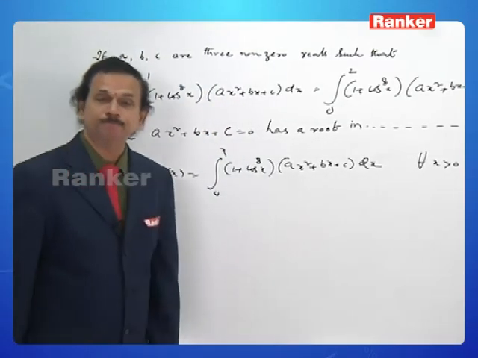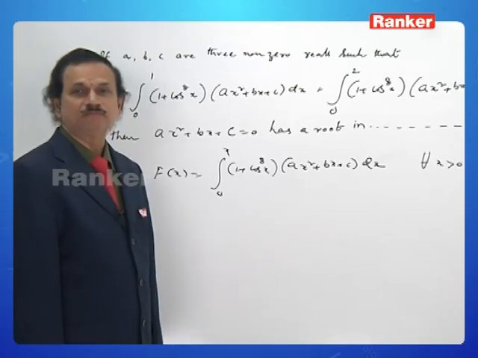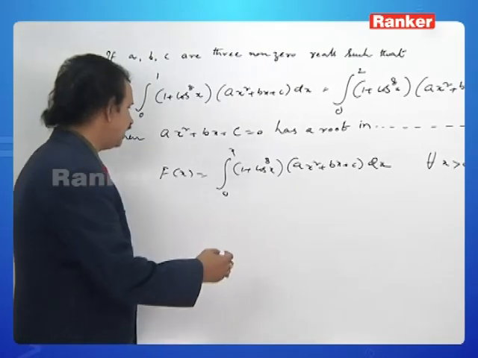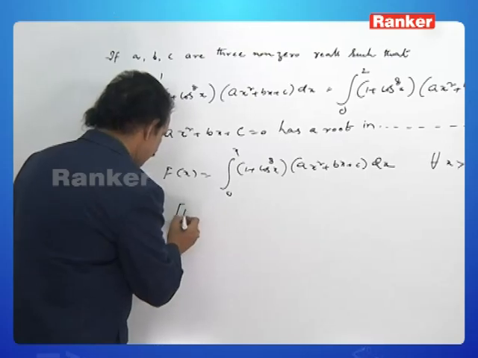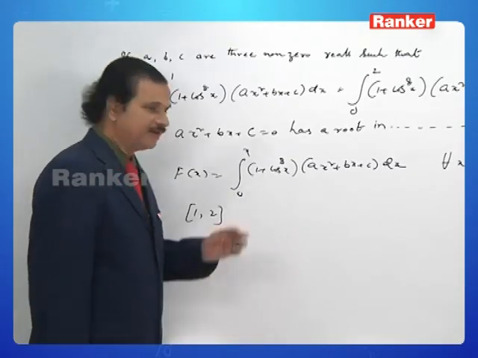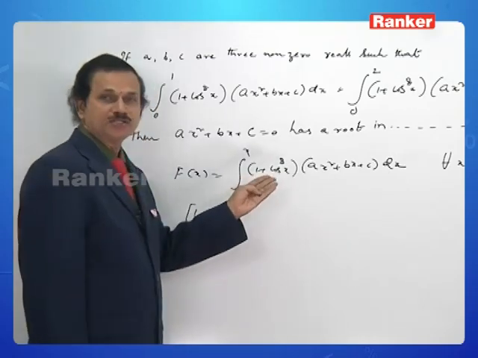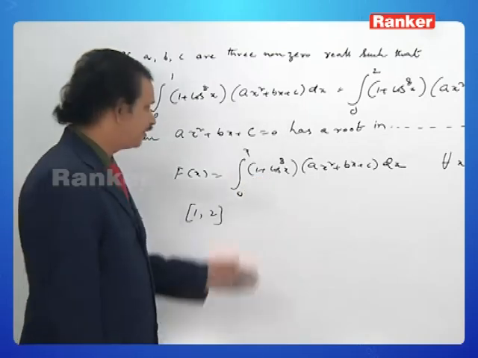Look here. Now, no doubt this is continuous and derivable. I like to observe this function on the closed interval 1 to 2. Undoubtedly, it is a well-known function, continuous in its domain, no doubt, and derivable.